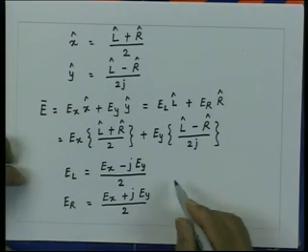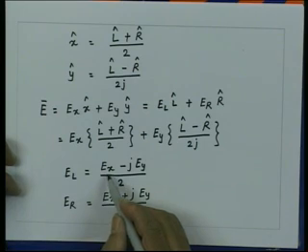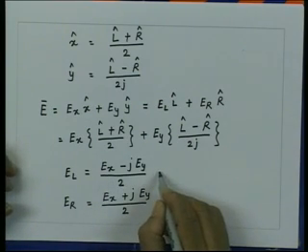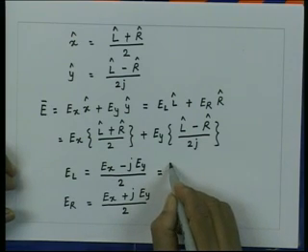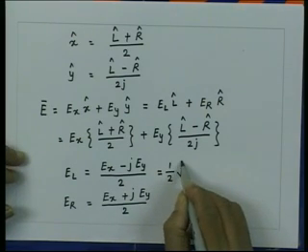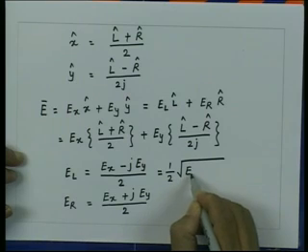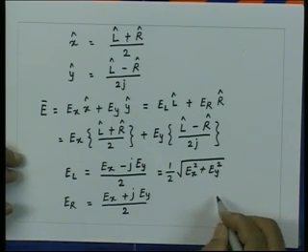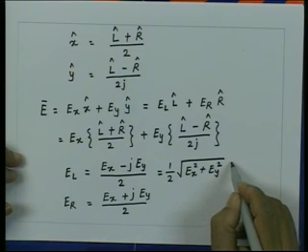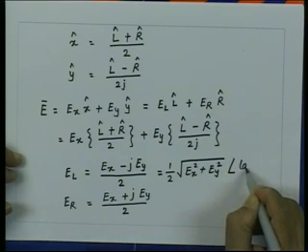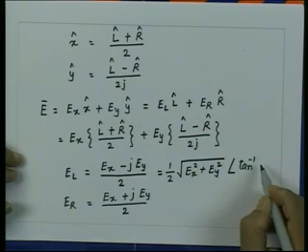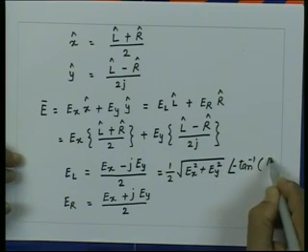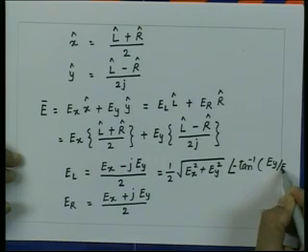So, without losing generality, we can take Ex and Ey to be real, and then one can write EL as half square root of Ex square plus Ey square, with angle tan inverse of minus Ey upon Ex.